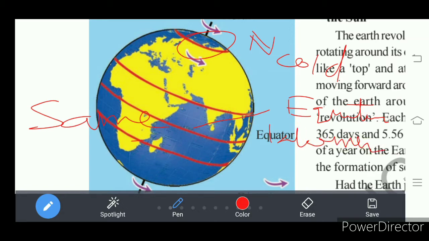and neighboring to the equator, that means the regions which are lying both sides of the equator, this one written here A and this one B, these are the regions which are very near to the equator. There it is very hot.